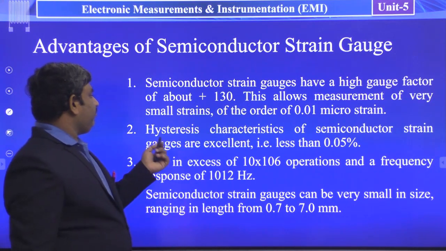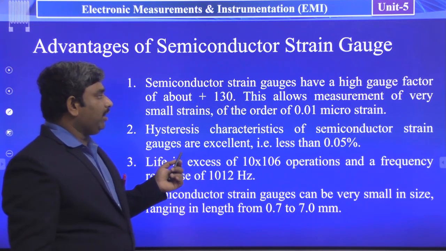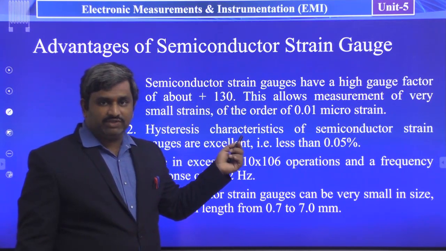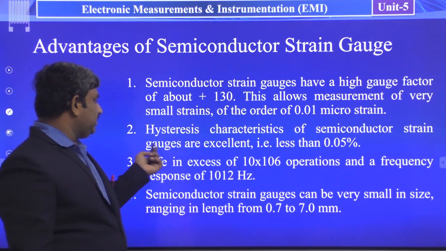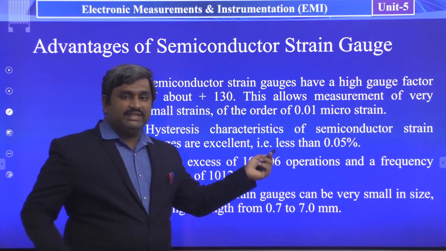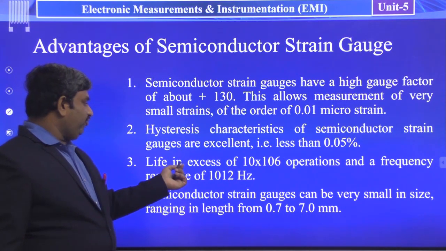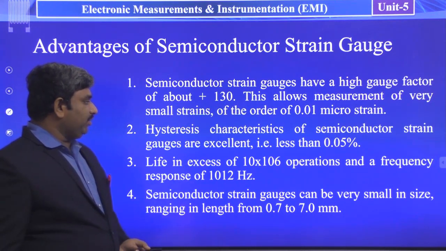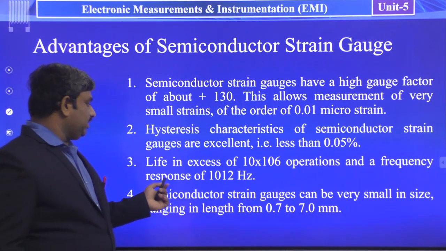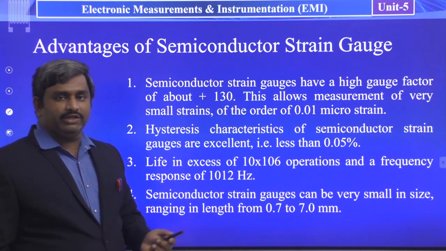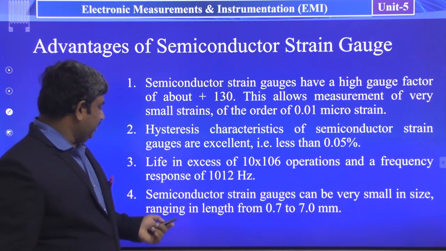This allows measurement of very small strains. Hysteresis is also very low, less than 0.05%. Life is in excess of 10 to the power 6 operations, with a frequency response of about 1 kHz.